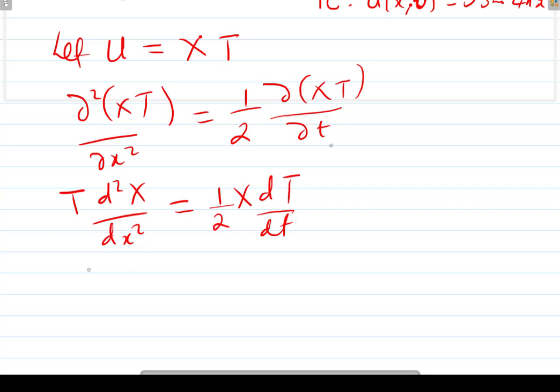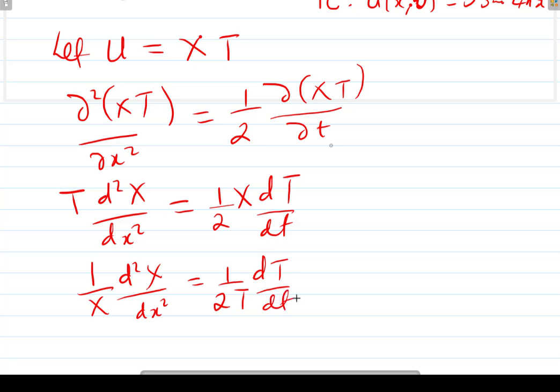Once you do that, you have 1 over x d squared x dx squared equals 1 over 2t dt, like this.